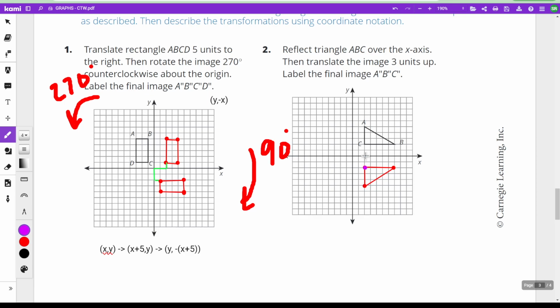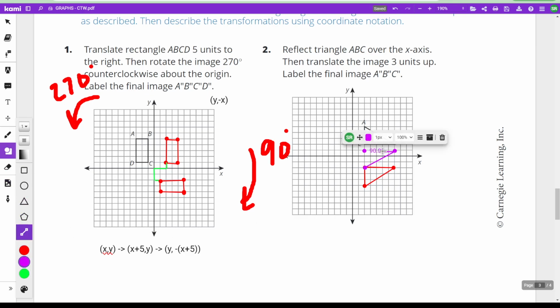This point is going to go 1, 2, 3 units. This point is going to go 1, 2, 3 units. So if we connect those points, it should look like this. All right. And they want us to label this A double prime, B double prime, C double prime, but I'll leave that to you to do.